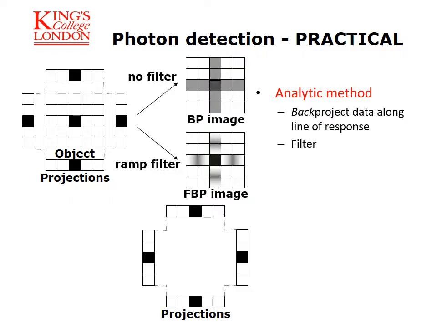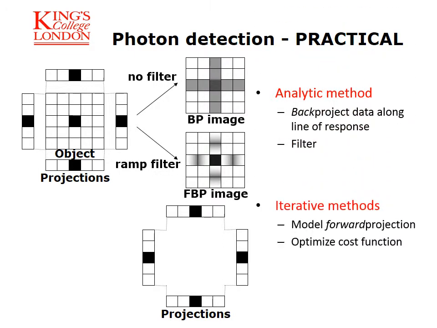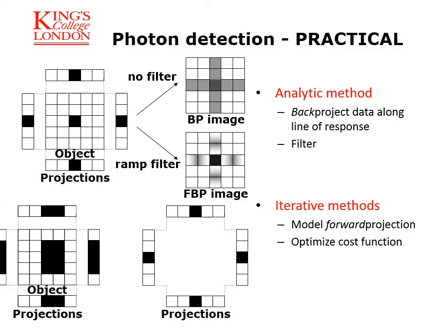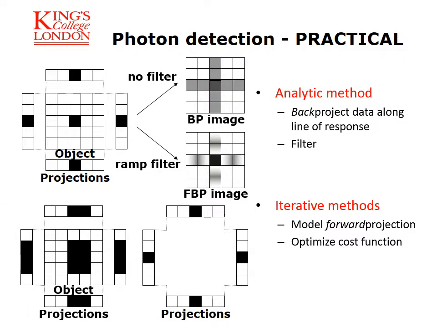The second approach is a bit more complex. First of all, it consists in a computational model of the scanner that can recreate artificially, with great accuracy, the projections of a radioactive object in the field of view. Hence, the algorithm starts with some initial guess of the object, like the one you see here on the left, and uses the computational model to generate the projections that are then compared with the real data.